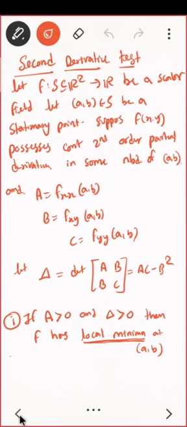What are they? If your A is greater than 0 and delta is greater than 0, then f has local minima. A positive, delta positive, then it has local minima.